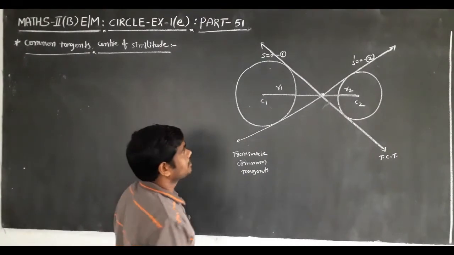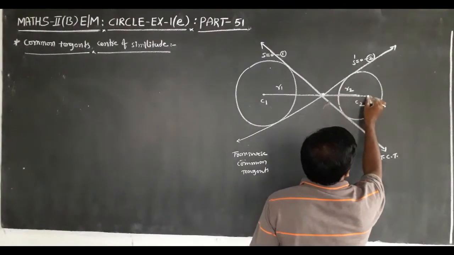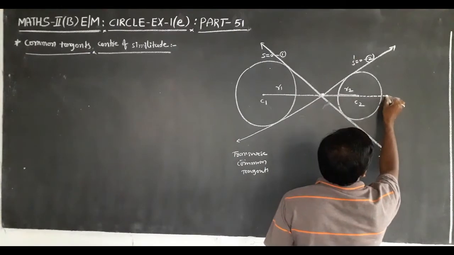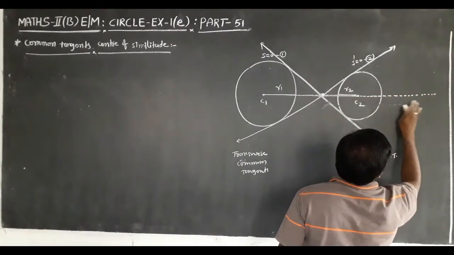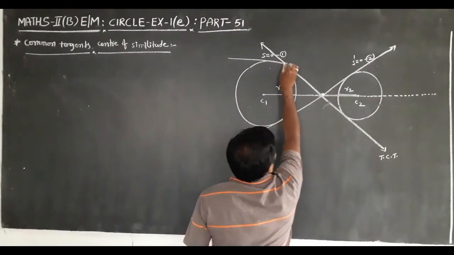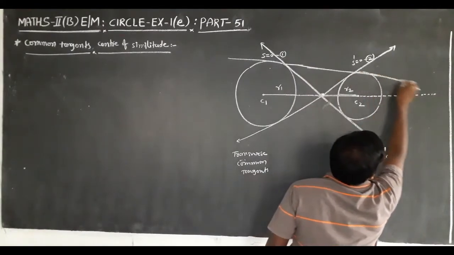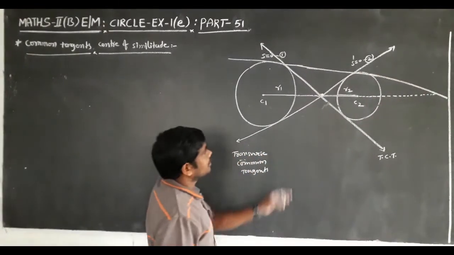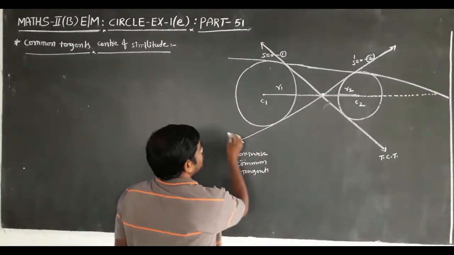Again, one pair of common tangents intersect the extended line segment C1C2. This is a common tangent to the circles S equals 0 and S dash equals 0.